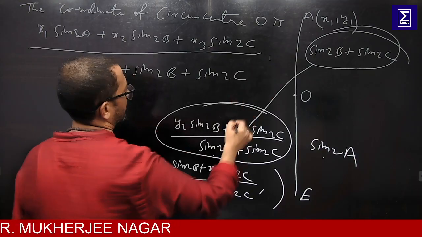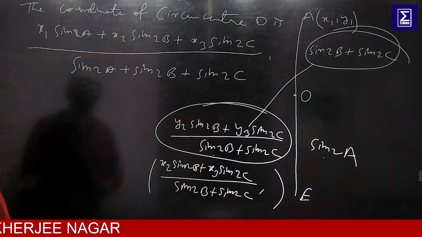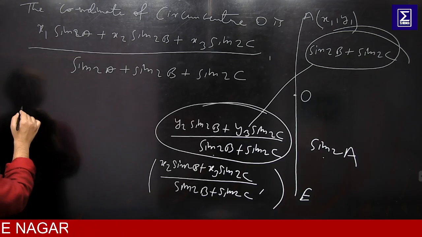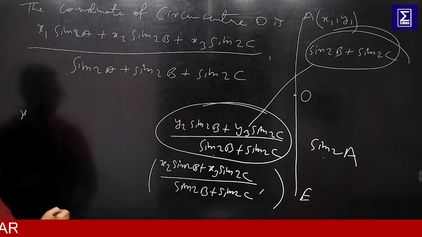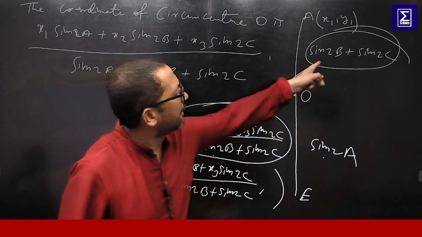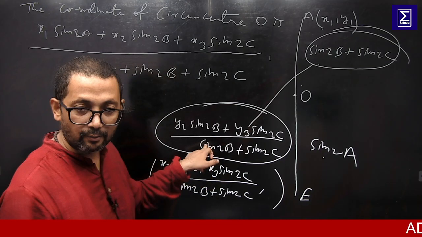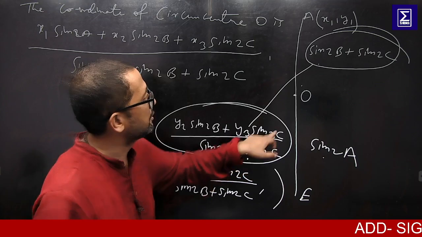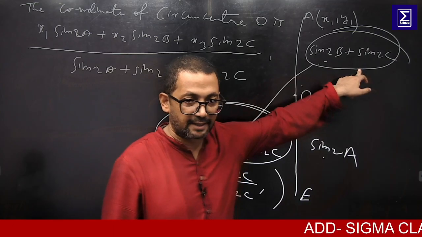This is the big theorem that I have proved. And then again y1, now you take the y coordinate, multiply this one with y1. So sin 2B plus sin 2C and sin 2B plus sin 2C will get cancelled.